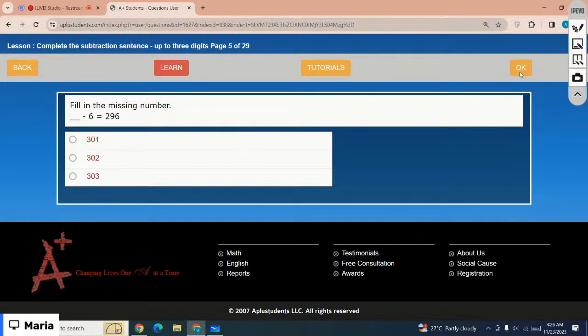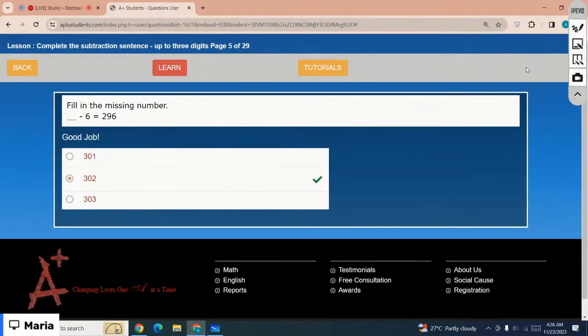Yes, that is 302 minus 6 equals 296. Right? The correct option is 302 minus 6 equals 296.